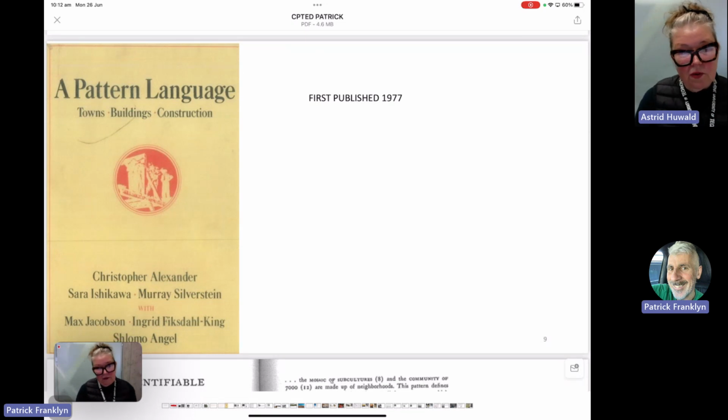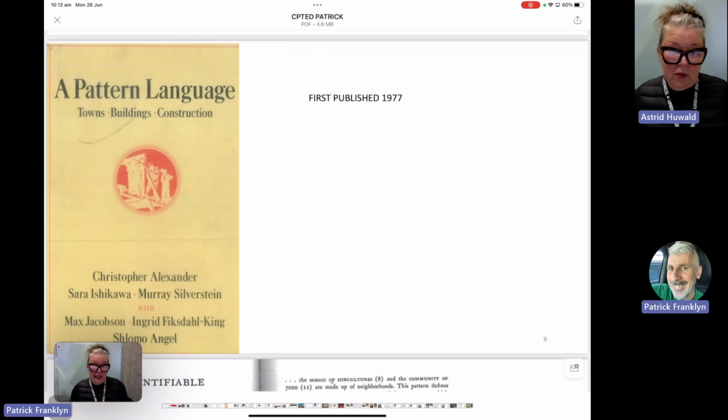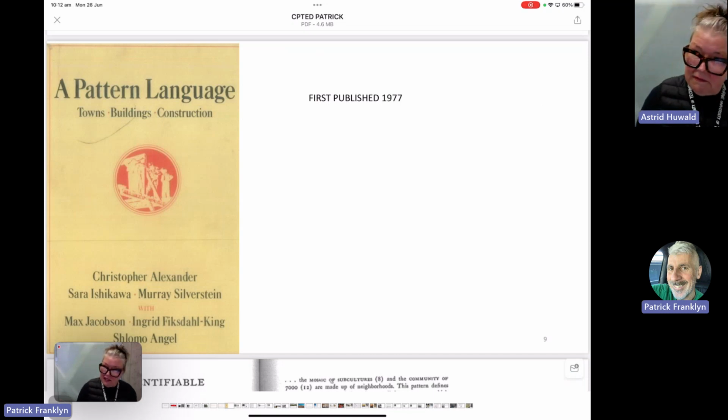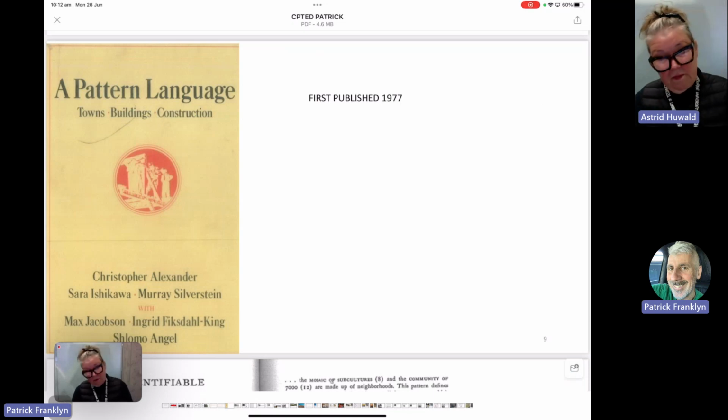Actually, there's a number of authors of this, and this is also a very famous book of the 1970s, A Pattern Language. It looks at why pre-industrial spaces are really successful in a way that sometimes our modern cities are not. These authors did a kind of historical survey.